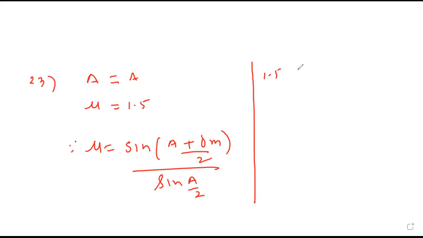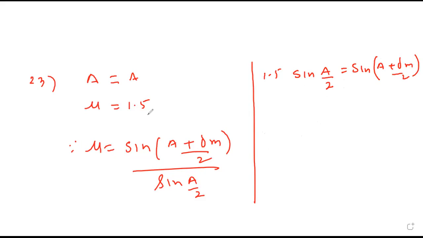So 1.5 sine A by 2 equals sine of A plus delta M upon 2, correct? 180 minus 2A we have to prove. One minute, I'm just checking that question.